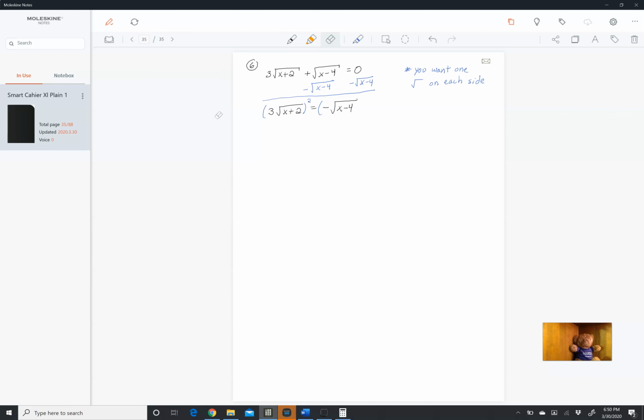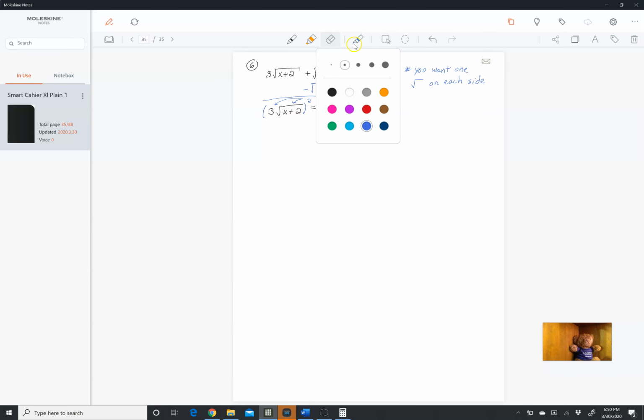And it's okay because we can distribute the square. We can distribute it to the 3 and then we distribute it to the square root. Okay, so here we can distribute the square because between the 3 and the radical there is no plus sign, it's multiplication. We can distribute a square when it's multiplication.